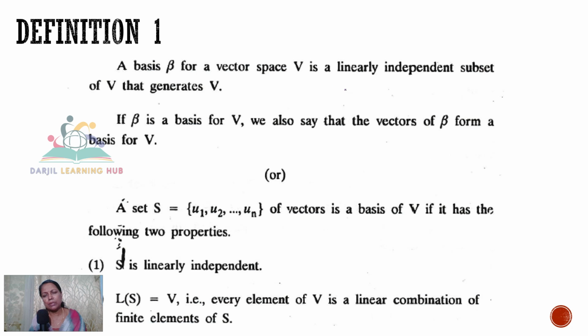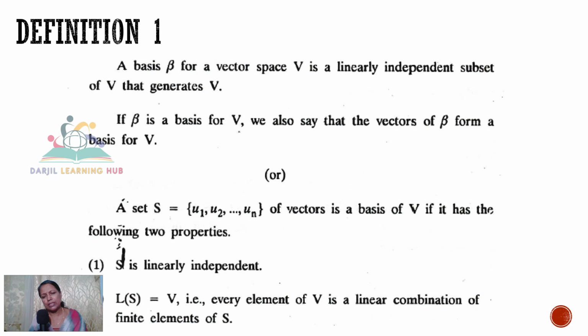Linearly independent means that in a linear combination, if all of the scalars are 0, then the vectors are called linearly independent. So the basis for a vector space is a linearly independent subset of V that generates V.